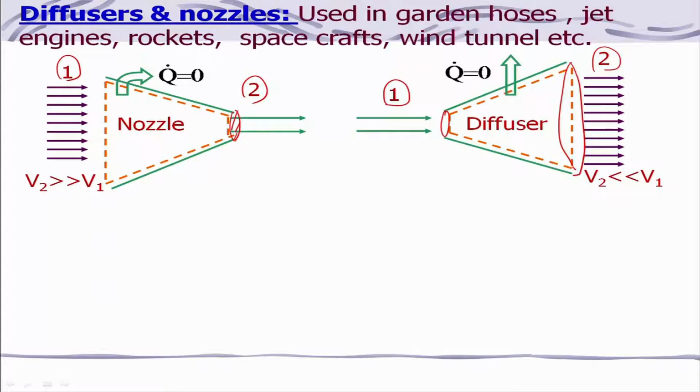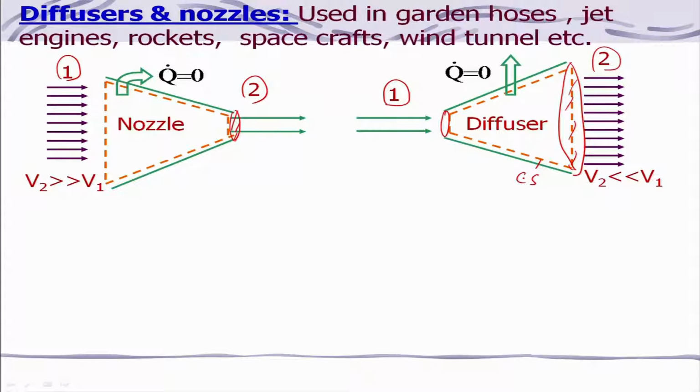This is your cross sectional area, and you can take this as a control volume, the dashed line. This is basically your control surface, right.